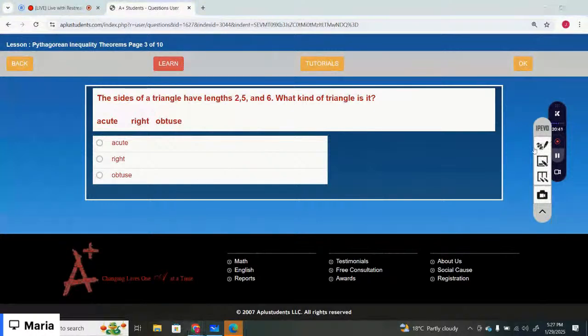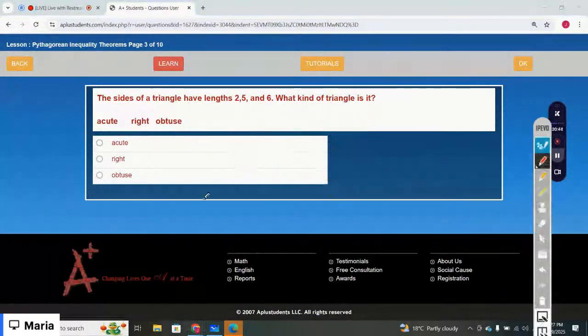The sides of a triangle have length 2, 5, and 6. What kind of triangle is it? You need to evaluate 2 square plus 5 square, and compare it to 6 square. That is 4 plus 25. 29 is less than 36. If it is less than 36, that is the obtuse triangle.